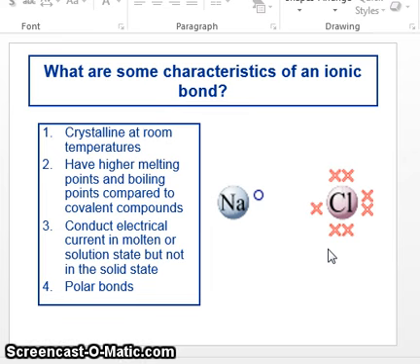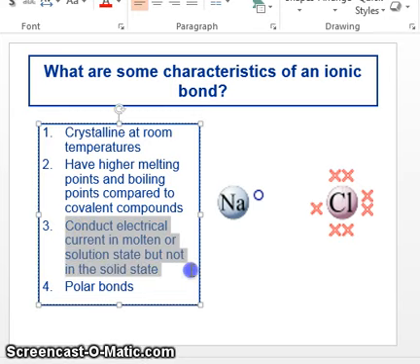But what happens sometimes is they get wet, and when they get wet, the positive ion and the negative ion are free to move around. When those ions are free to move around, they can conduct electrical current. This only happens when the ions are free to move around, and that's why we see here it says conduct electric current in molten solution state but not in the solid.